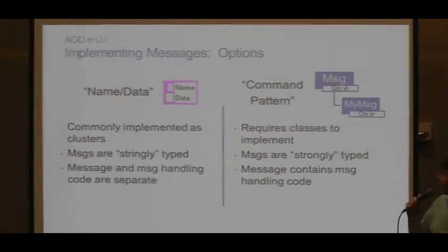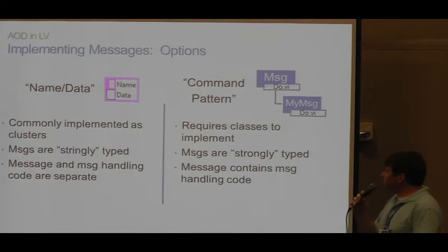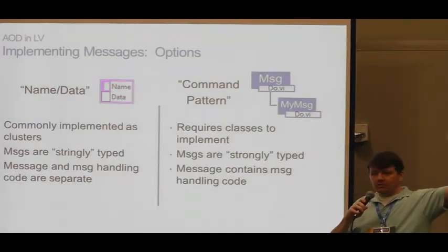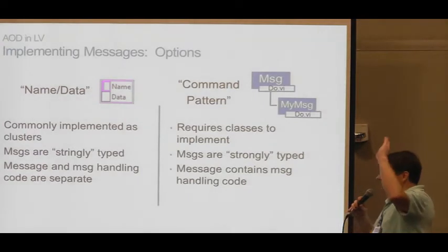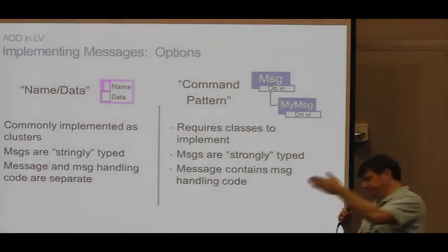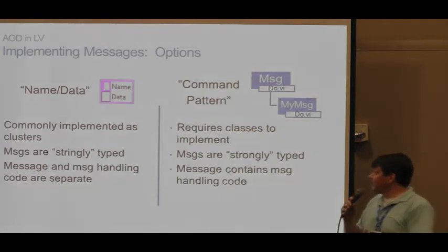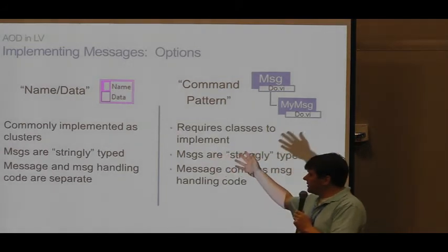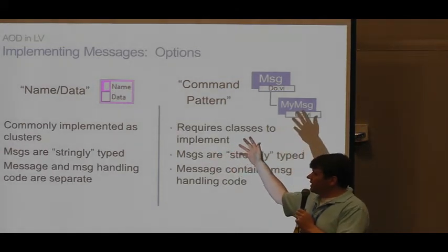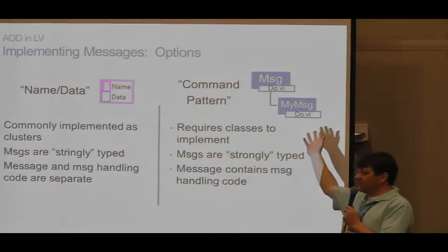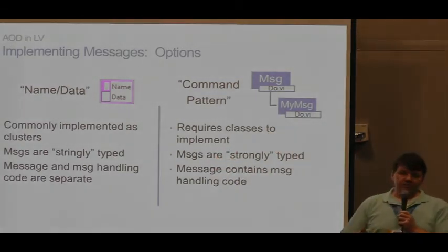The other option you have is command pattern messages. Are people familiar with command pattern? Okay. It's too complex for me to go into now. If you're not familiar with it, you can look it up online. I'll leave it at that for now. There are advantages and disadvantages to both of these as well. Named data messages, you increase your risk of runtime errors. With command pattern messages, you increase your coupling between components.